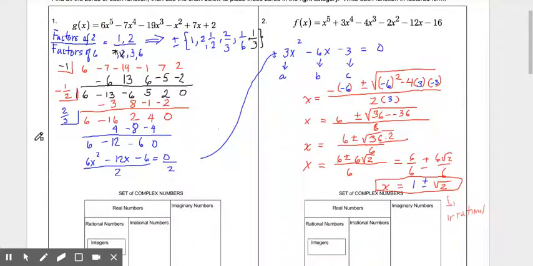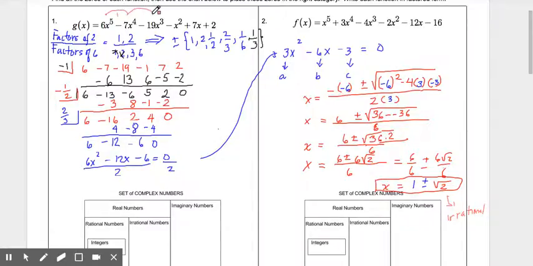Okay, so now how many zeros are positive? Right now we have 2/3 is positive, and here 1 plus square root of 2. That will also give us a positive zero. So there are 2 zeros that are positive. So let's check the sign changes here. We have here positive to negative, that's one change.